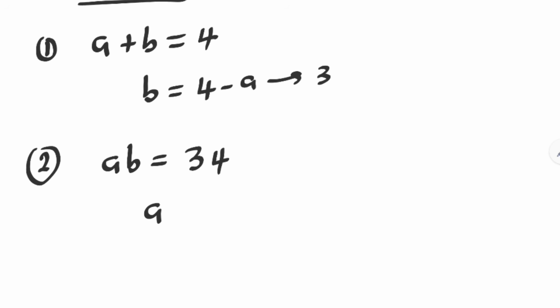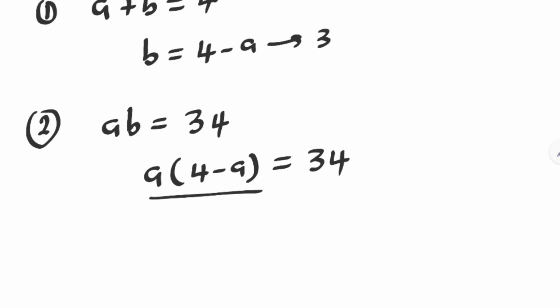Then we have A bracket 4 minus A is equal to 34. Let us open this bracket with A. We have 4A minus A square is equal to 34.